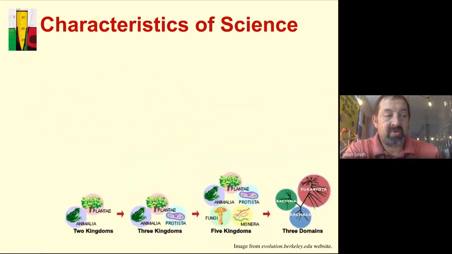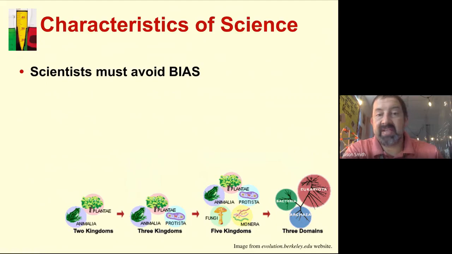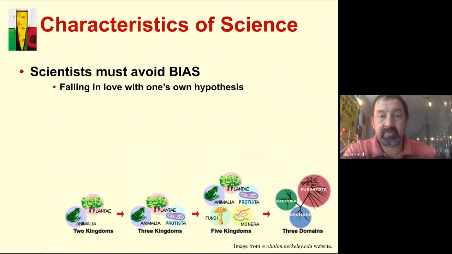Scientists must avoid bias. We can't take our personal beliefs and put them in there. If we want to prove something happens, we have to have the experiment that proves that it actually occurred. Just because we believe that it should go one way or another does not mean that's exactly what we get. Falling in love with one's own hypothesis. Sometimes we prove it and it works out, but sometimes we don't.